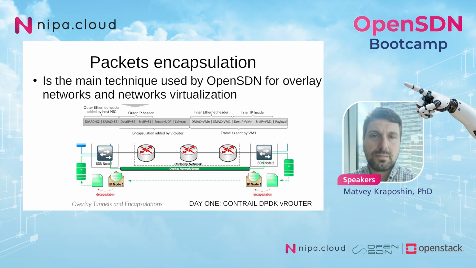We want to remove the outer header. And if we want to encapsulate a packet, for example, a packet arrives from a TAP interface, and it must end its life on some ETHX interface. So this packet belongs to another hypervisor, or this packet belongs to another data center. Then the vRouter forwarder adds additional information as an outer header.